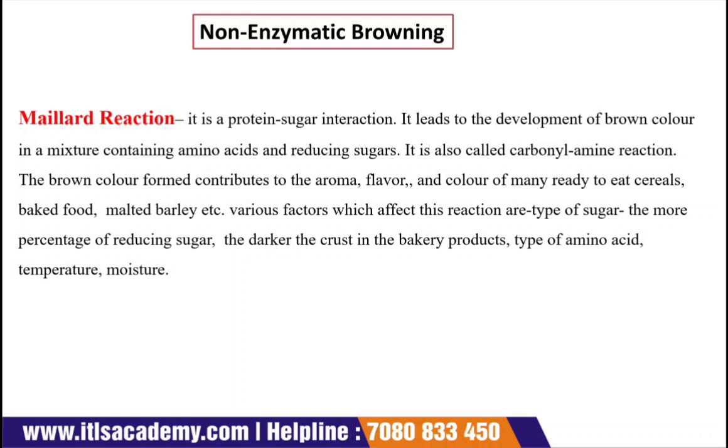The factors are temperature, moisture, the type of amino acid and the type of sugar. Depending upon the type of sugar, the more percentage of reducing sugar, the darker the crust of the bakery product. All these are the factors that lead to the browning.